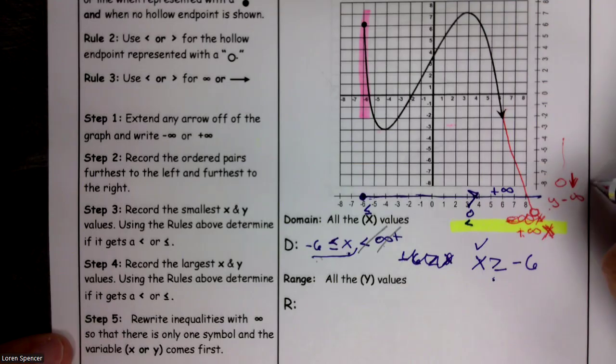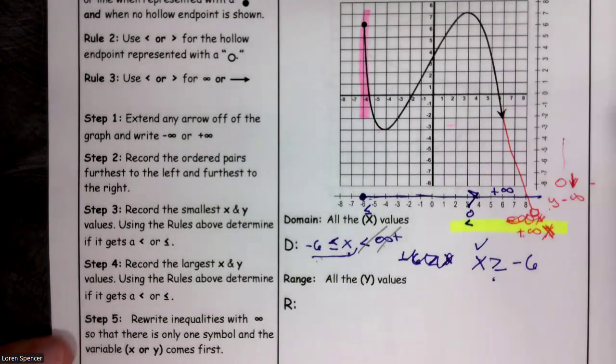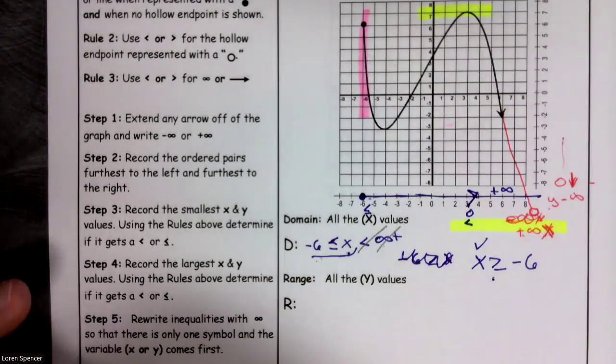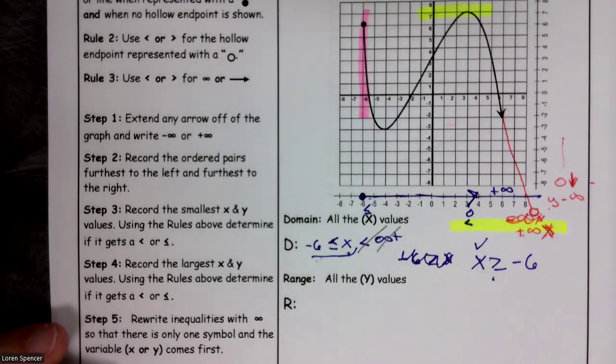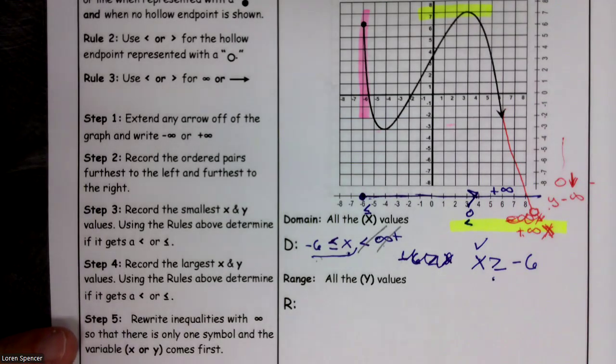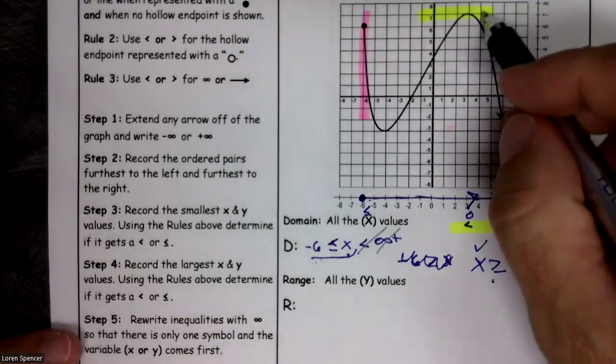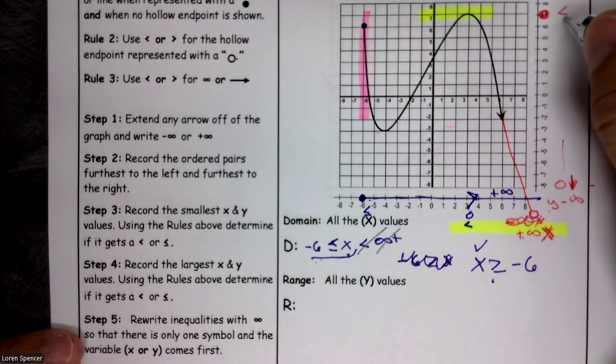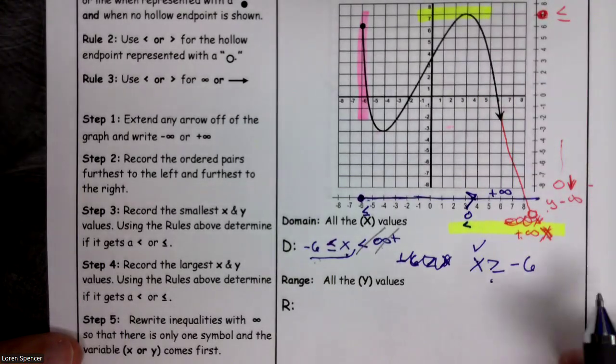So we're getting an arrow going to negative infinity, and then it's going up. Our highest point on this graph is at 7. At 7 is a solid, so we get a solid there. So that's a less than or equal to sign.